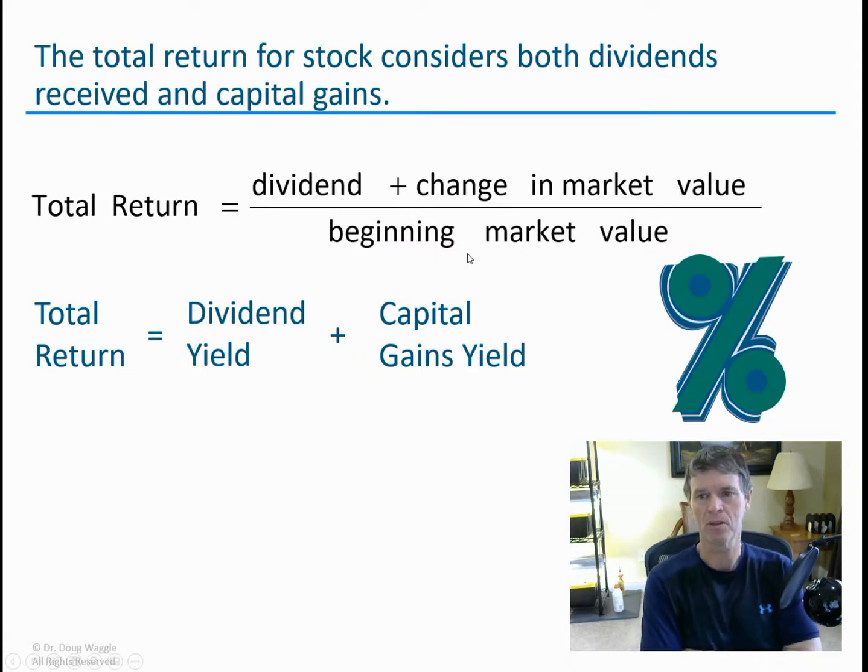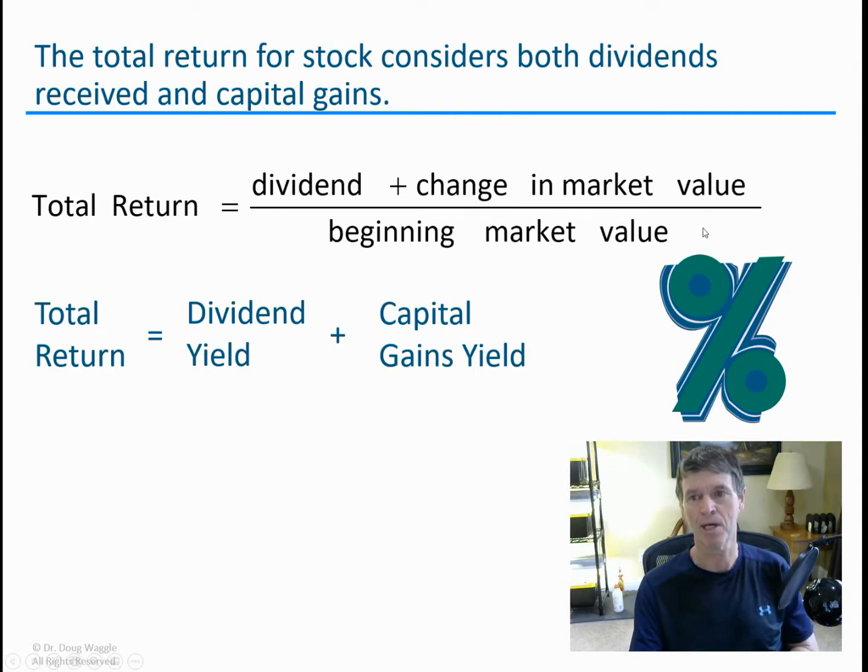The total return for a stock includes both those capital gains that we just mentioned, that's the price going up, so the change in market value, and the dividends. So you get part of your return from owning a stock from capital gains, price going up, and part of your return from the dividends or cash payments that you collect from owning a stock. So this is just a way of calculating that as a percentage. What dividends do you collect over the year, for example? What was the change in the stock price over the year?